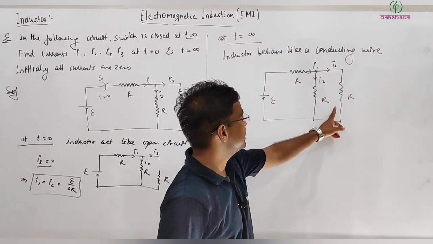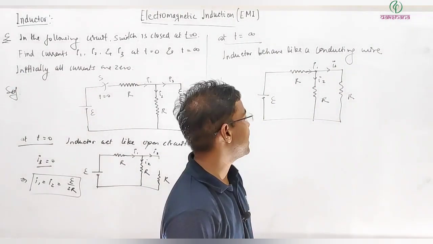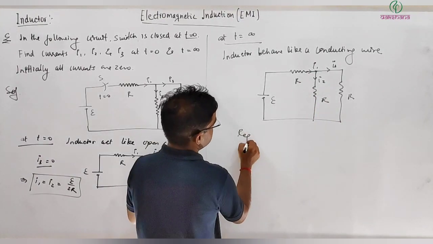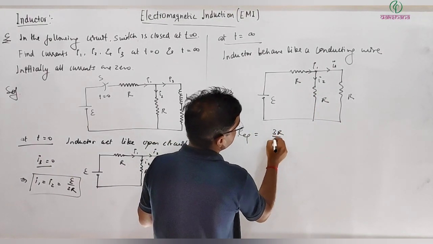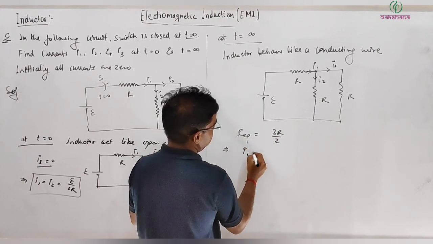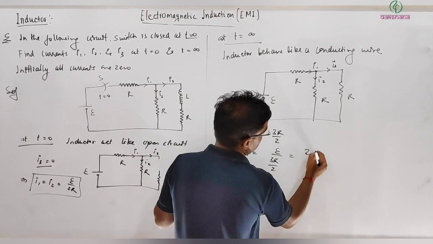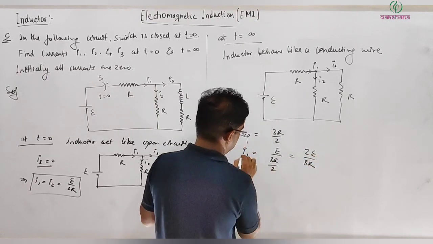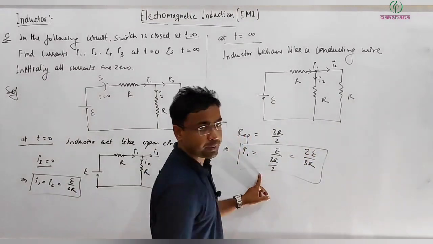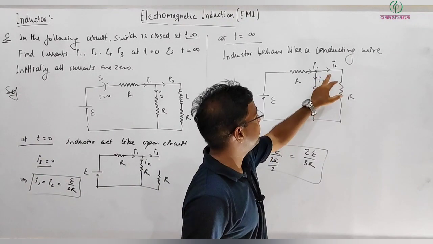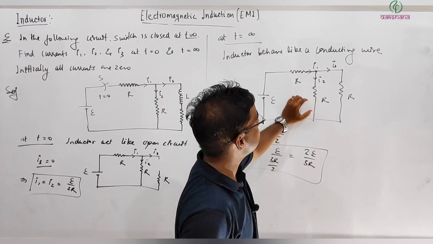Now what is this? Resistors in parallel, R by 2 plus R. So R equivalent is equal to 3R by 2. This implies I1 is equal to E by 3R by 2, that is 2E by 3R. This is I1. Now what will happen to this I1 current? It divides equally, because these two resistors are equal.